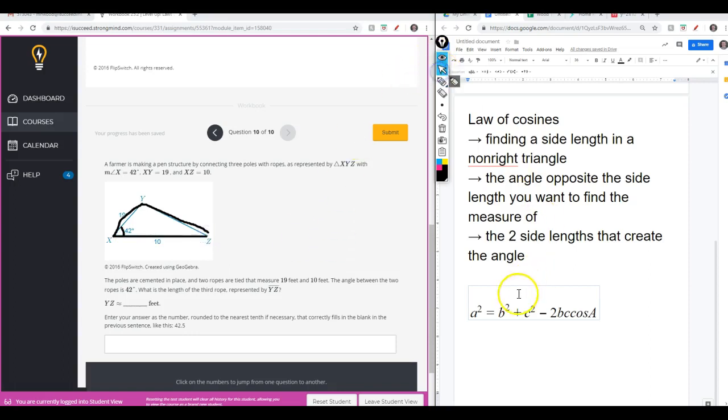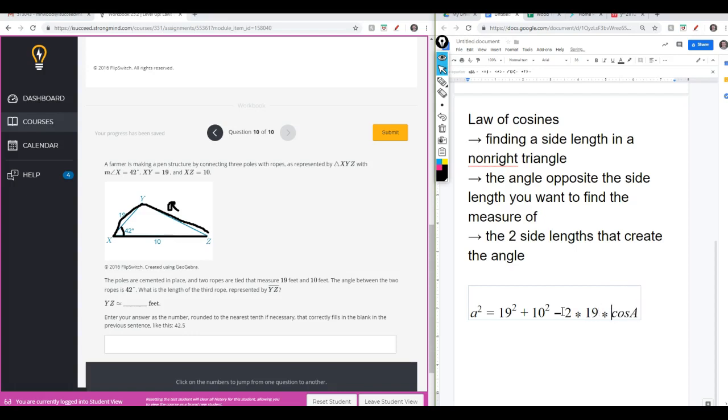So then when we come in here to use the law of cosines, we have our side length that we're looking for, which is YZ, and I'm just going to leave it as little a, so that I don't have to change it in here. So a squared is equal to our side length that creates the angle squared plus the other side length that creates the angle squared, minus 2 times our side lengths.